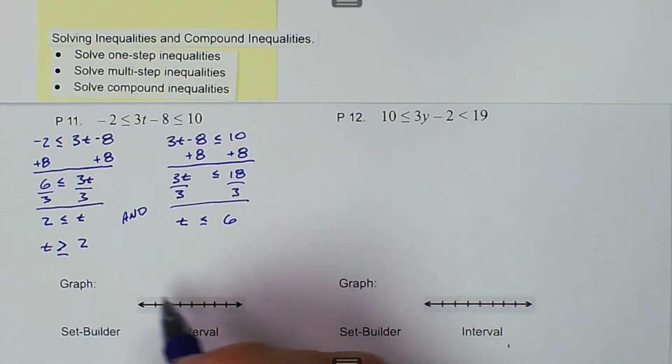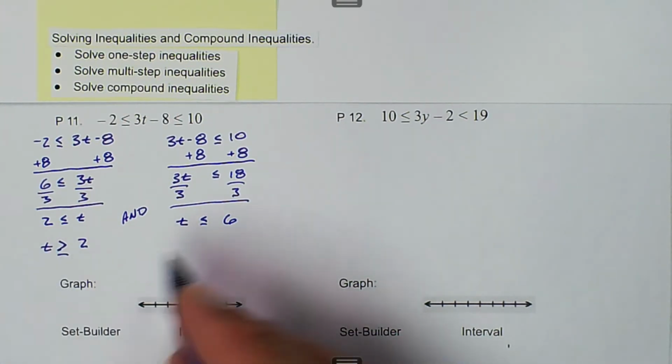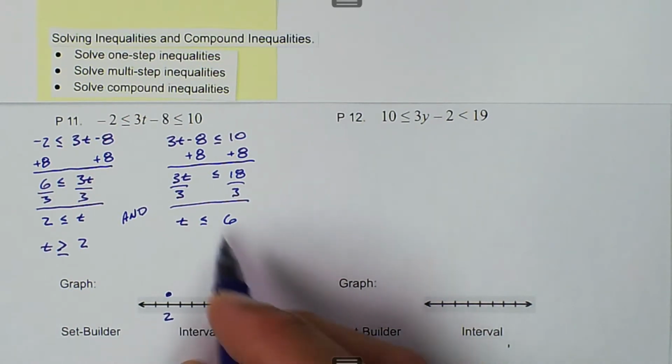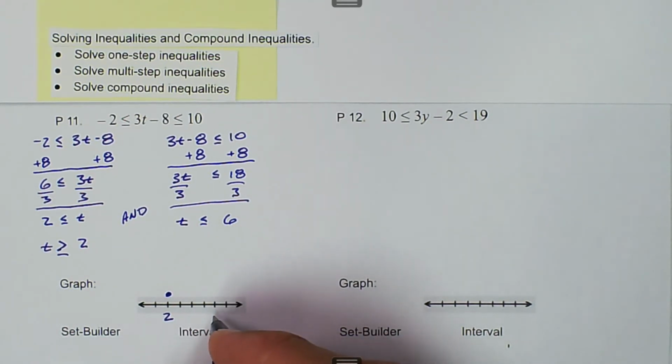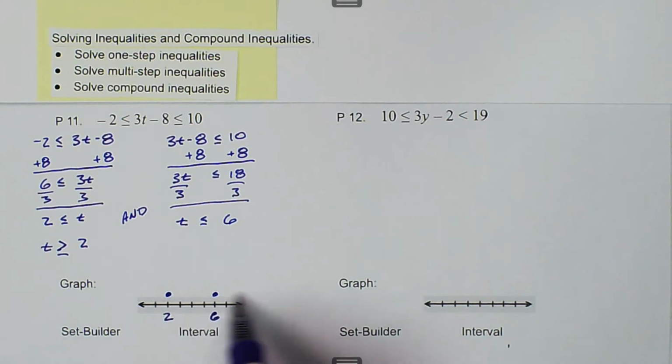When we graph it, everything bigger than 2 is part of this solution, and that 2 is included. And everything less than 6 is in this solution. Because it's and, it doesn't have everything drawn over top. It just has the stuff that's included in both.